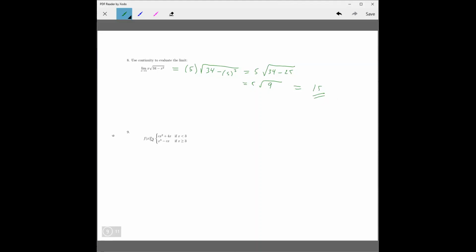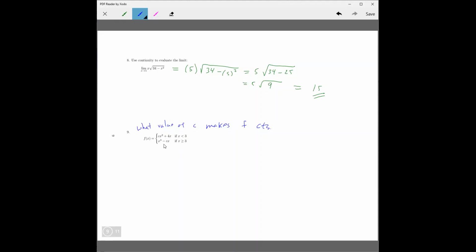Okay, number 9. Oh, I didn't put the instructions. So number 9 is: what value of c makes f continuous? When you have a piecewise defined function, remember continuity means that the limit is equal to the value at the point.